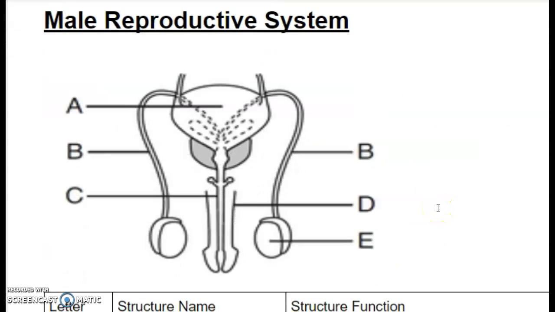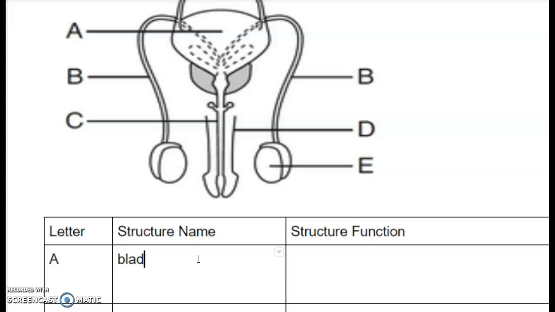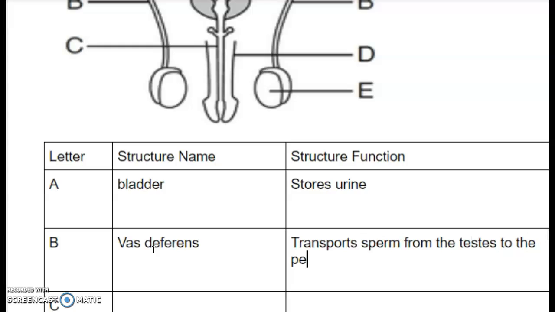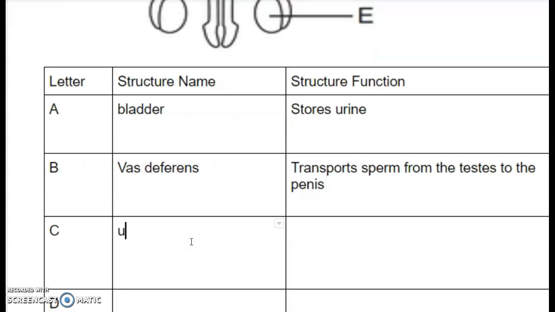Okay, then we'll go back down to the male. So A, we said, was the bladder. Stores urine. Again, nothing to do with reproduction itself. B is the vas deferens. So this transports sperm from the testes to the penis. C is the urethra.